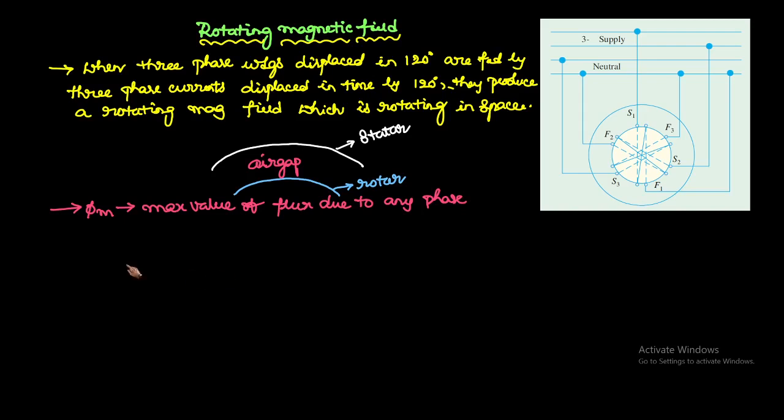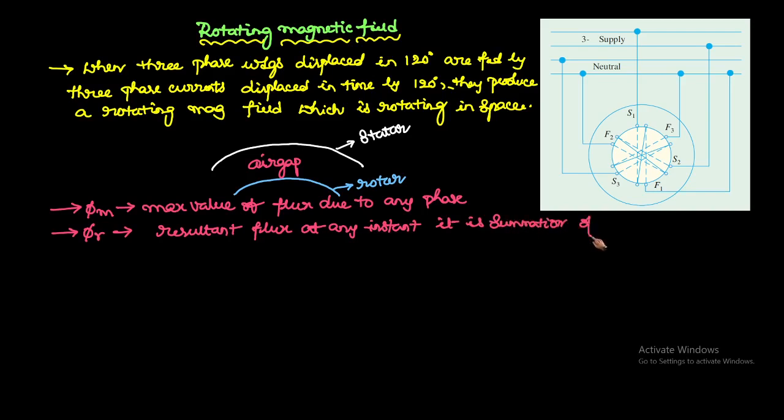Next, phi r is the resultant flux at any instant, the summation of the three phases, phi 1, phi 2 and phi 3.